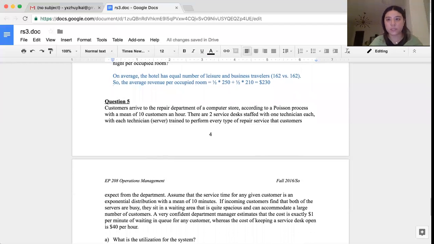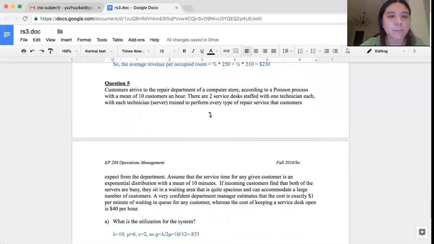Okay, let's look at the next question, question 5. Customers arrive to the repair department of the computer store according to a Poisson process with a mean of 10 customers an hour, the arrival rate, 10 customers per hour.